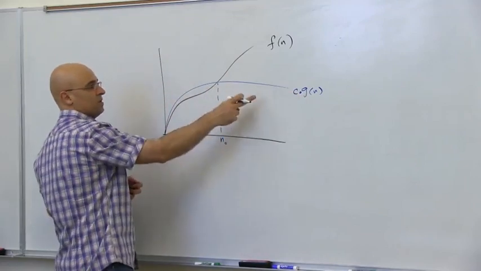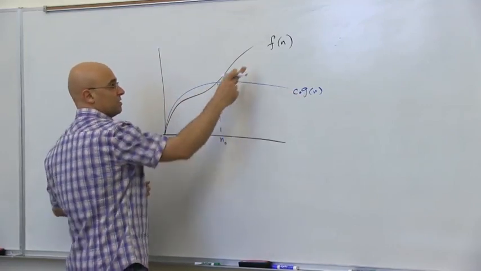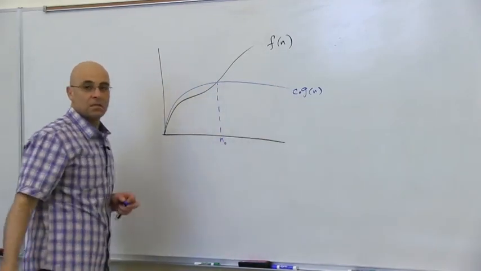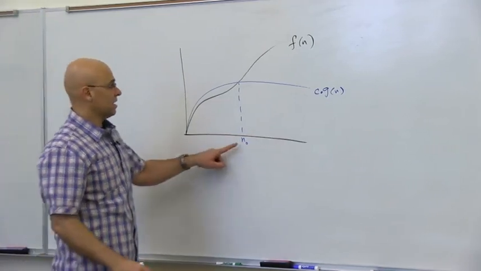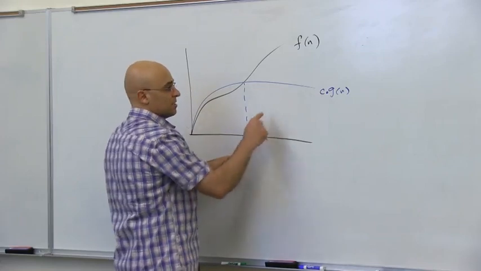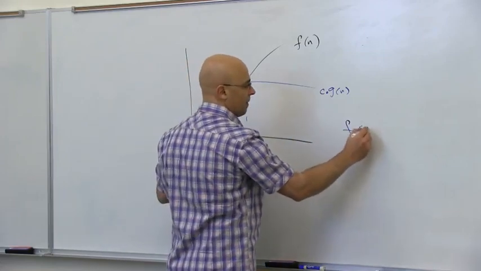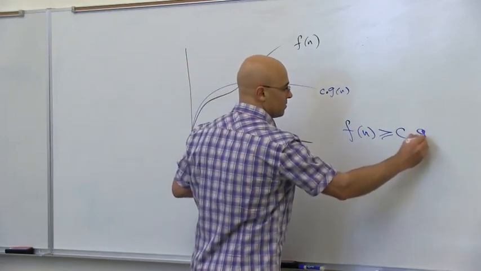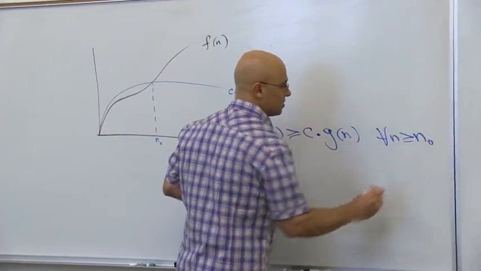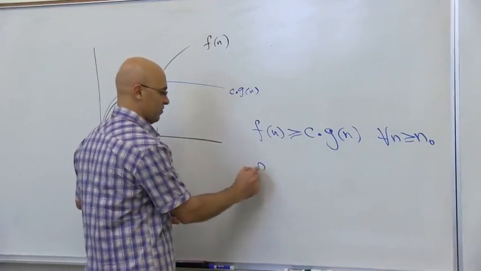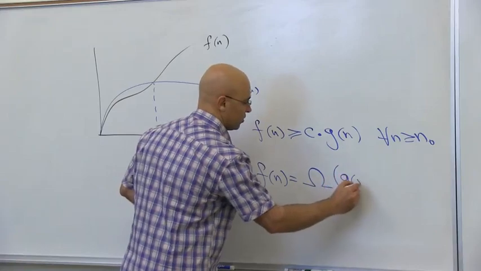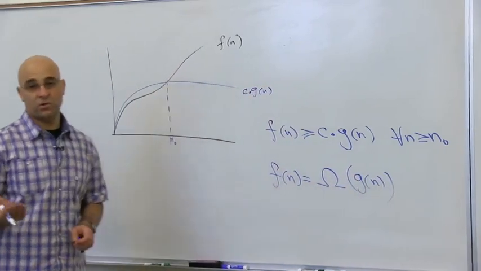So now I found a function g of n such that f of n is going to be greater than or equal to c times g of n once n is greater than n0. In this case here, again, it's a similar definition. We need to find a g of n and two constants such that f of n is greater than or equal to c times g of n for every n greater than or equal to n0. In this case, we say that f of n equals omega of g of n. Okay? So omega is for lower bound.